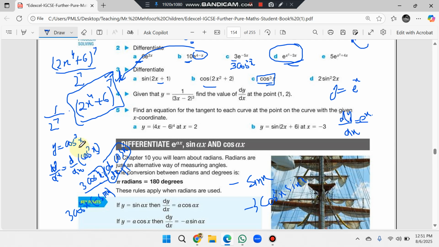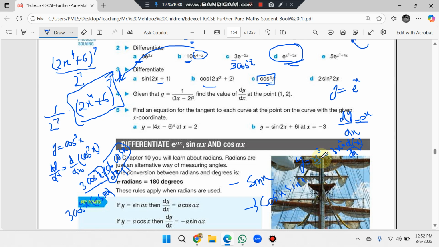We have to use the power rule. What is the power rule? If you have y is equal to x cube, how can we use the power rule? 3x to the power of 2, 3x square. And one more thing in the derivative is the derivative of the variable, d by dx of simple x, which is used in this function.